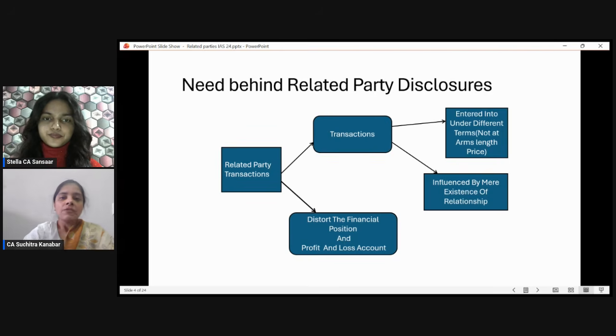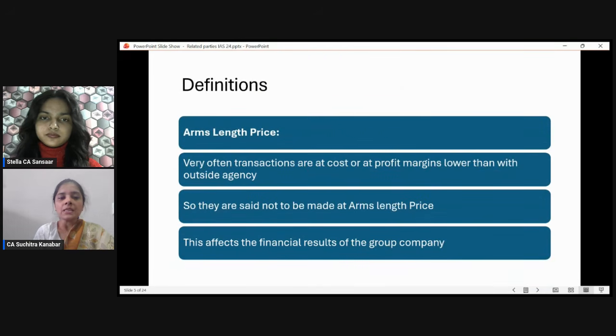Then we are entering into transactions on terms which are not at arm's length price. Now what is arm's length price? This we are going to see in the next slide. Let's see that. Very often the transactions are incurred at cost or at profit margins lower than those with an outside agency.